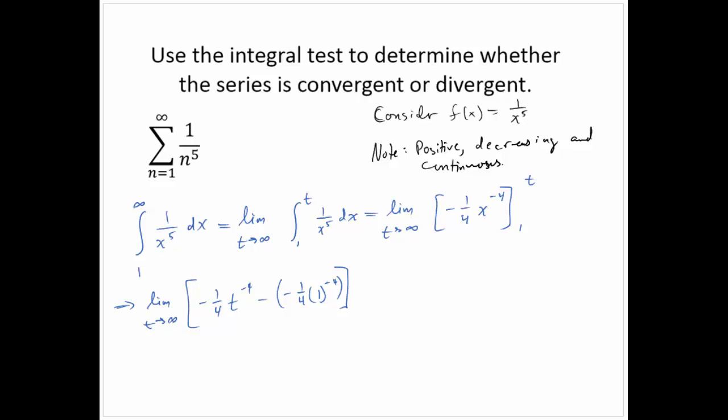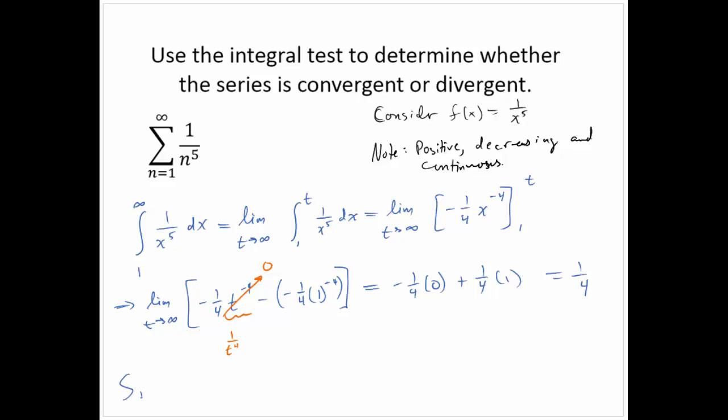Now, as t approaches infinity, t to the negative fourth, remember that's 1 over t to the fourth, will approach 0. So, applying the limit, we would have negative 1/4 times 0 plus 1/4, and 1 to the negative fourth is 1, so that would be 0 plus 1/4, which is 1/4.